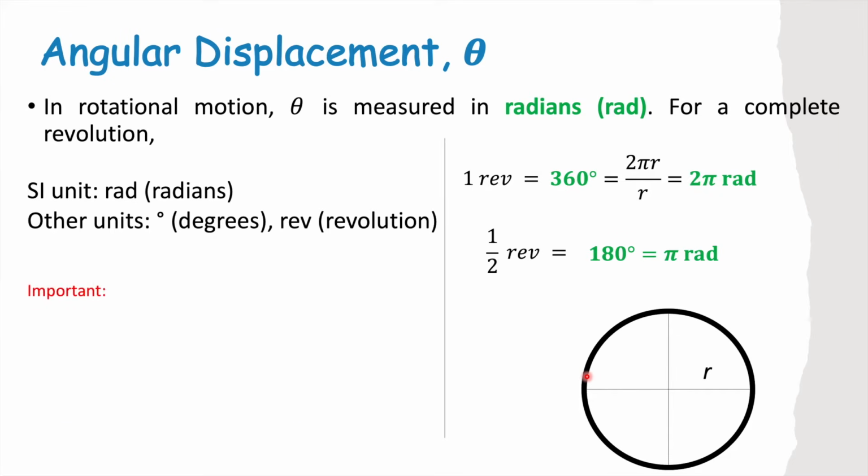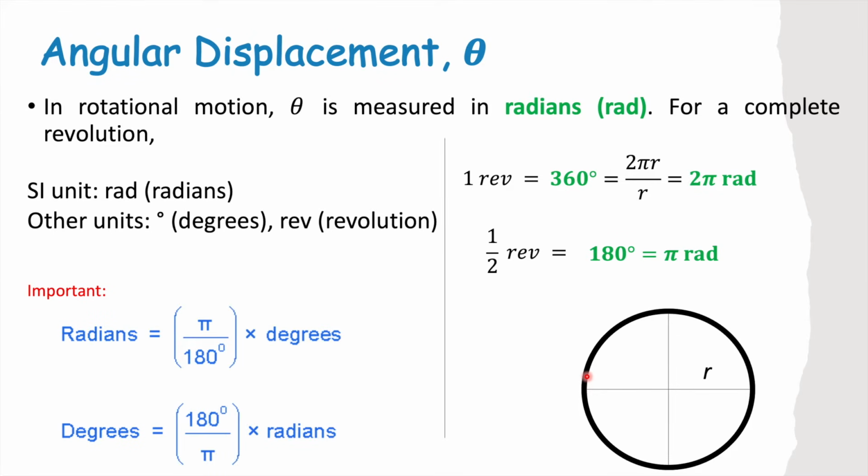An important conversion here: if you're converting degrees to radians, all you have to do is multiply by pi and divide by 180 degrees. Take note that the value of pi is simply 3.14. Or vice versa, if you want to convert radians to degrees, multiply by 180 and divide by pi.